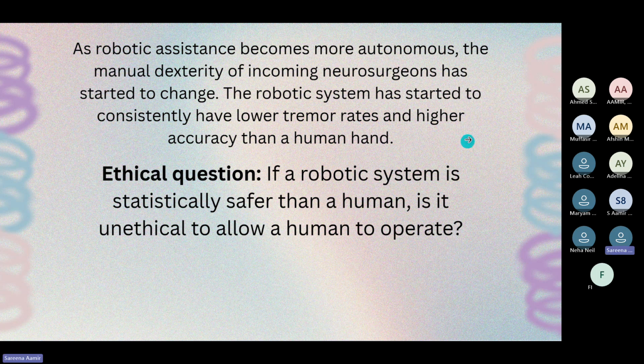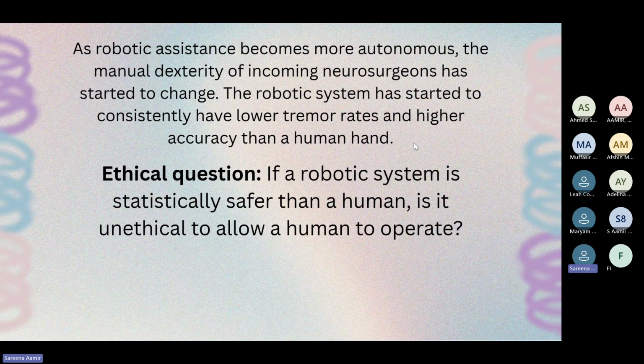Okay, we're getting a couple answers. One person said it depends on the situation, but I think humans are more reliable. And the other person, Leah, said it could be unethical because one of the duties of a surgeon is to choose the safest option for the patient to prevent causing harm according to non-maleficence, which is one of the ethical pillars of medicine.